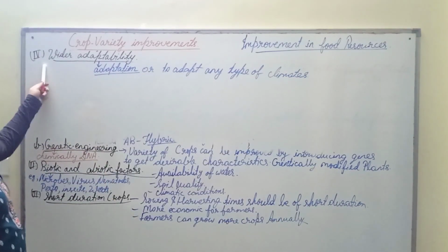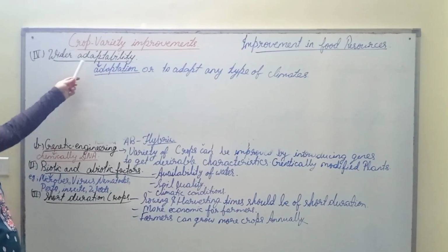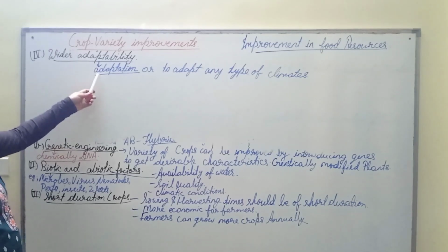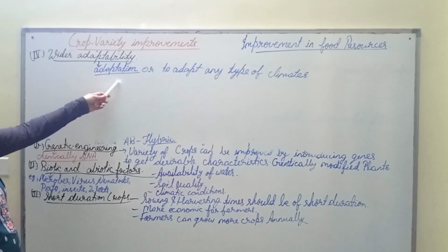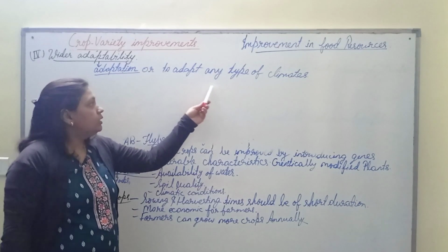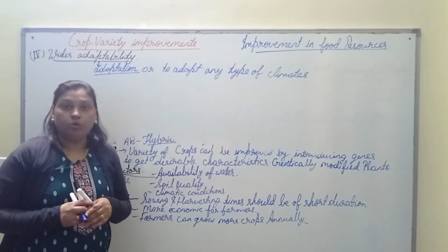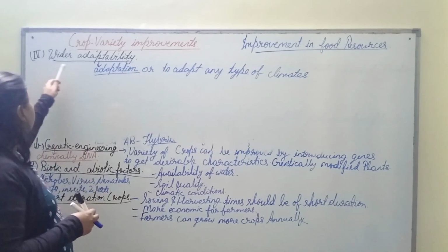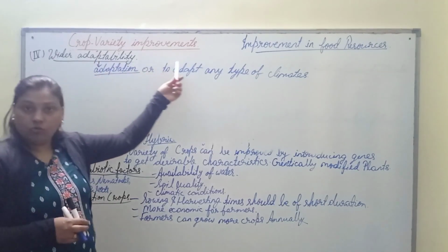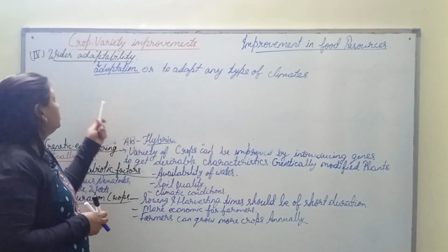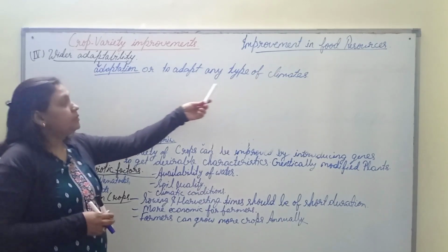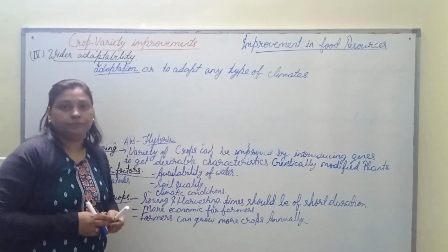So the fourth factor is wider adaptability. So we need to improve such type of crops that have the wider adaptability quality. That means the crops adapt to any type of climate.